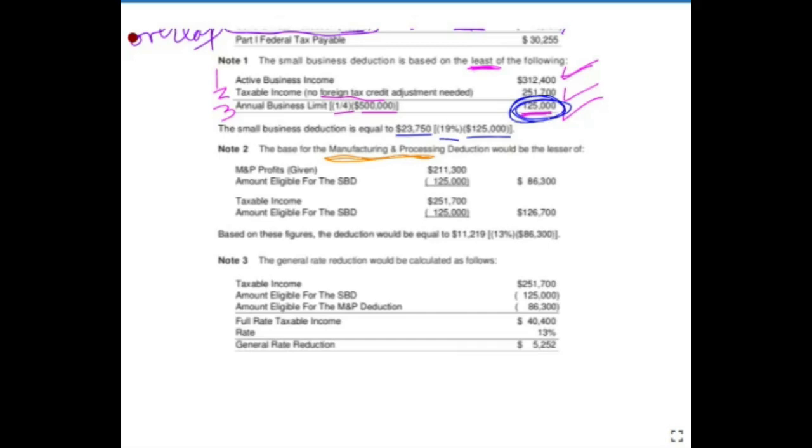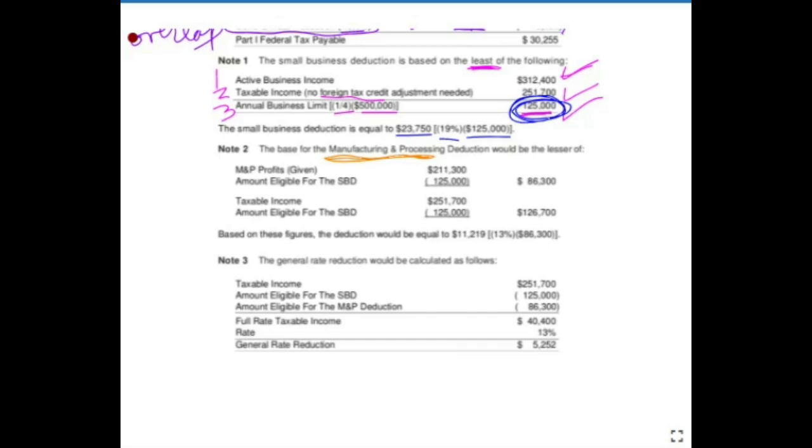So let's have a look at what it said in the question here about that. It says, it has been determined that 211,300 of the active business income, because manufacturing and processing would be active, qualifies as manufacturing and processing profits.